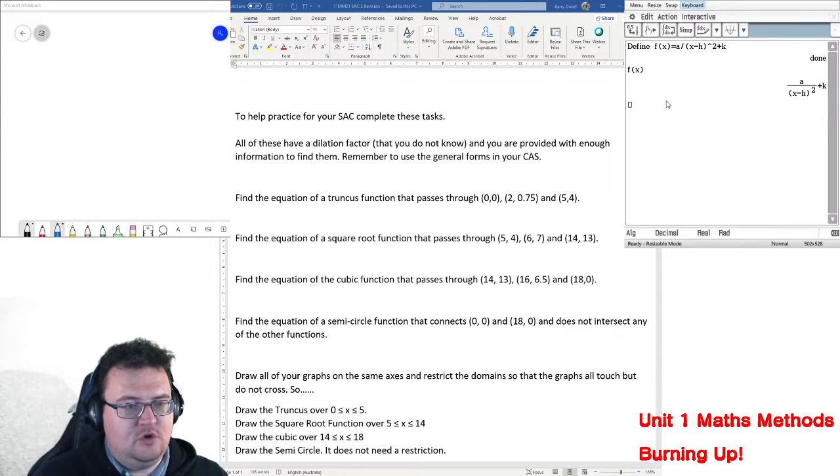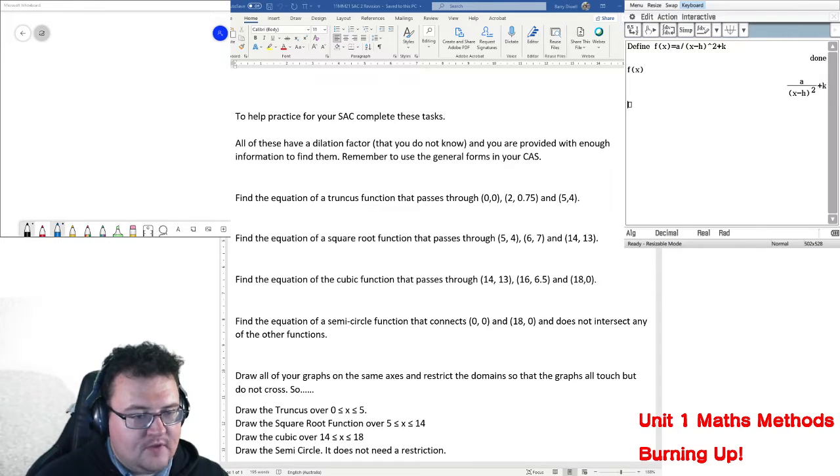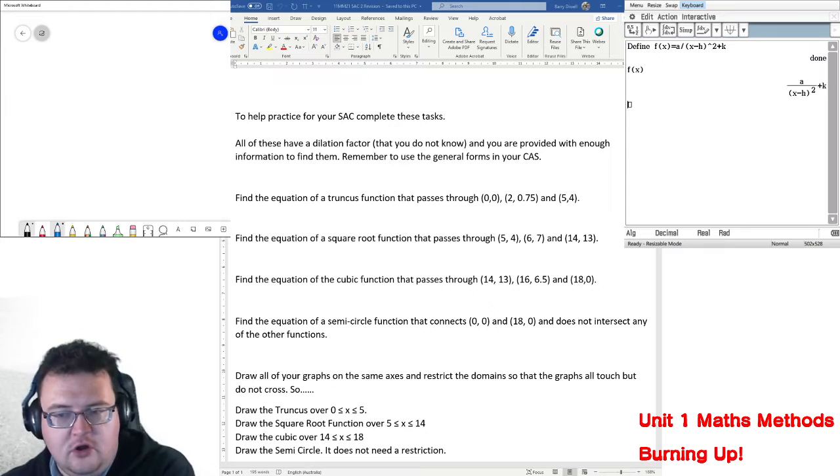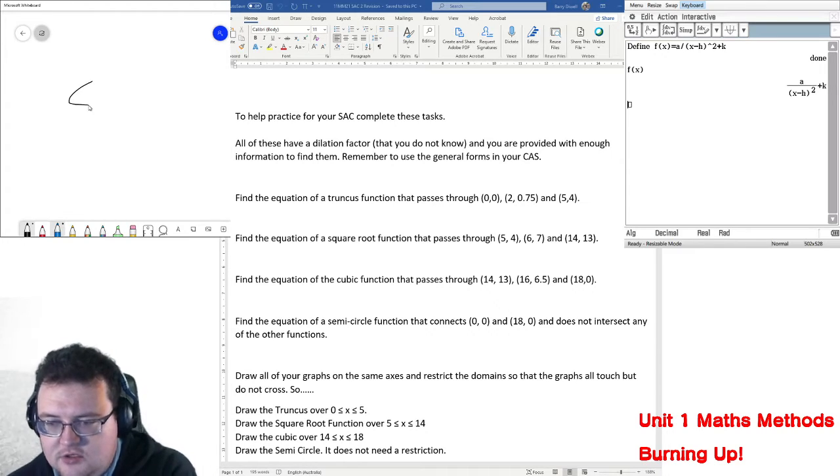So what I would then do is under keyboard, if you go to math 1, there is a button in the middle of math 1, and I will draw what it looks like on the whiteboard behind me.